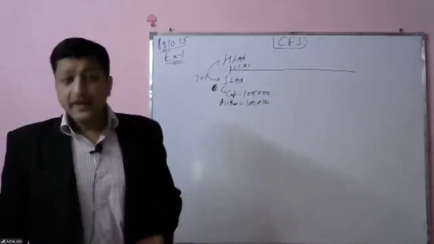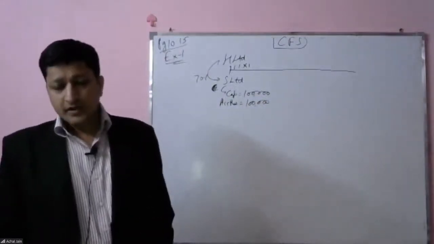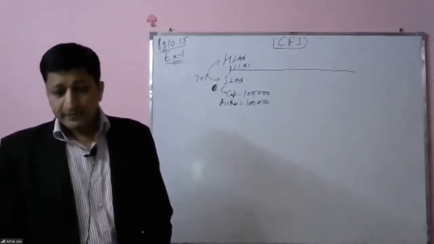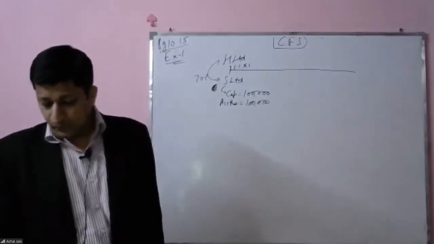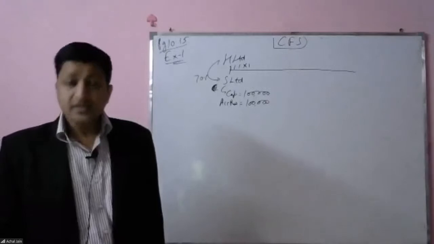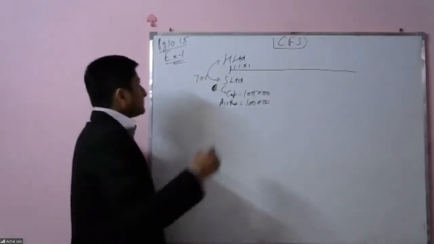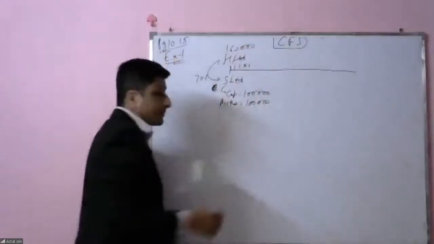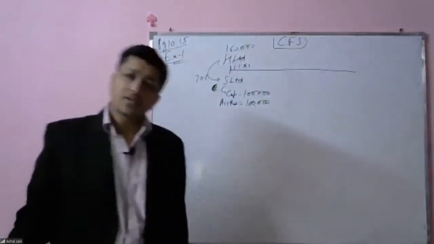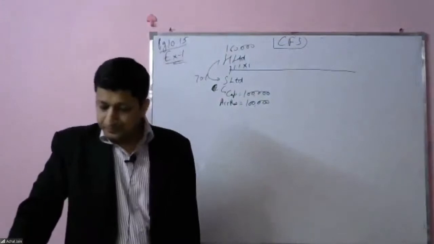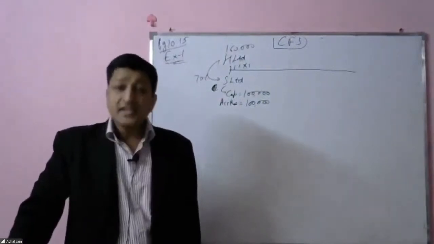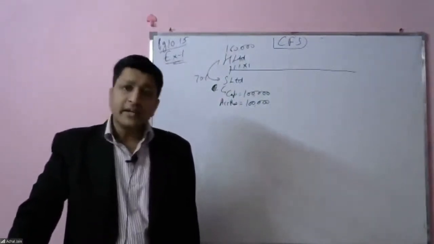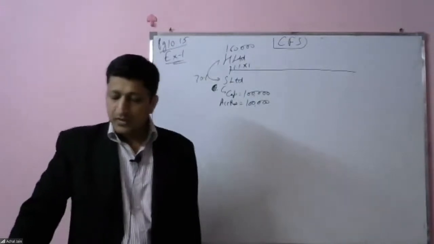H Limited paid 1,60,000 to acquire 70% interest in S. So it has paid 1,60,000. So that's the purchase consideration which has gone off. Assets of S Limited were revalued on 1st January 20X1.